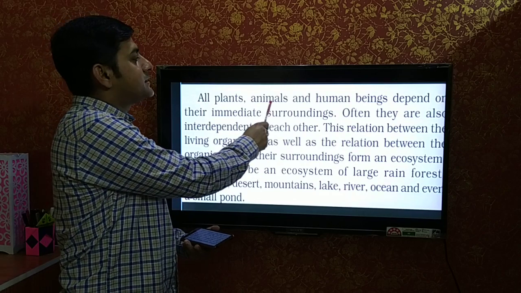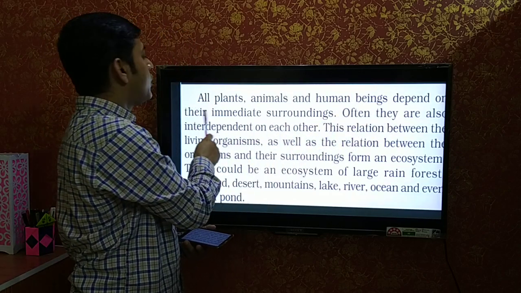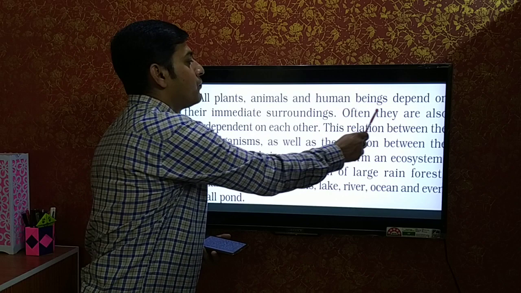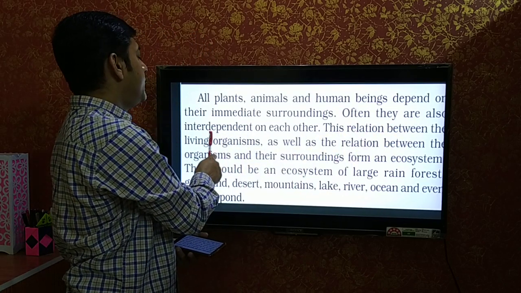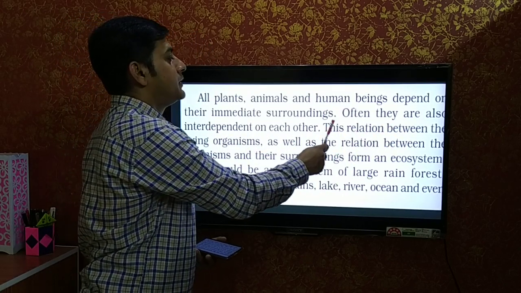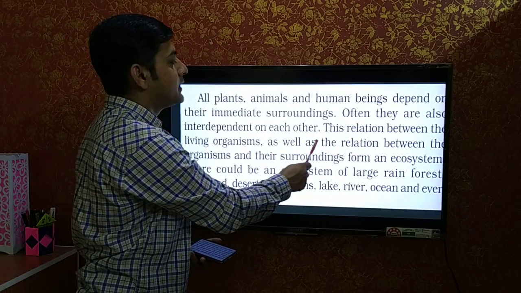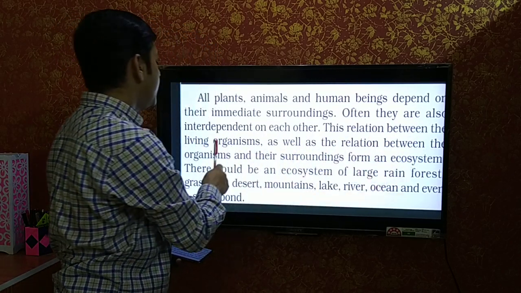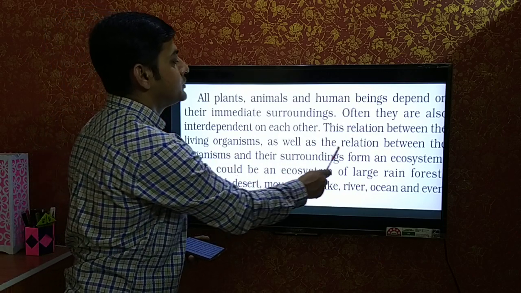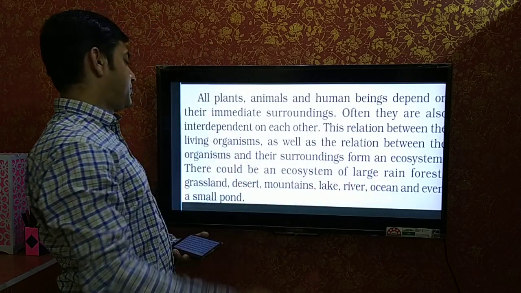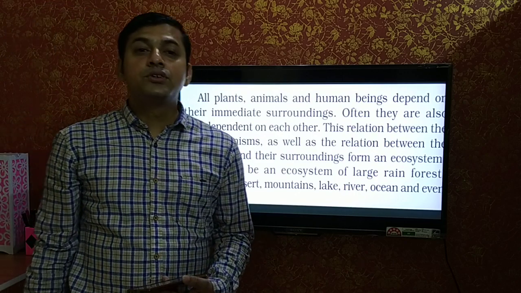All plants and human beings depend on their immediate surrounding. Often they are also interdependent on each other. This relation between the living organisms, as well as the relation between the organisms and their surroundings, forms an ecosystem. So what is an ecosystem?